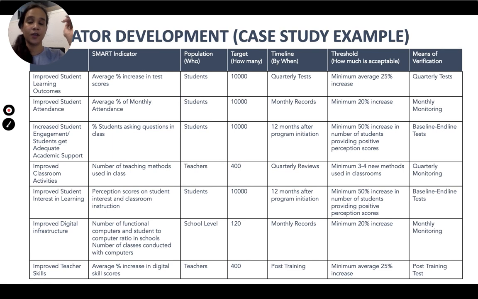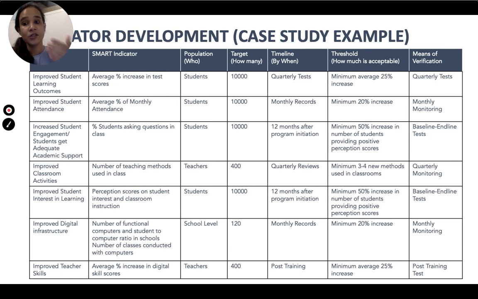So you could do it through observation, or you could also have students say in the baseline, do you regularly ask questions on a 5-scale Likert scale, and do you now ask questions? In terms of classroom activities, we are looking at the number of teaching methods used in class every quarter, where the threshold we're putting in is at least 3 or 4 new methods used in classrooms.